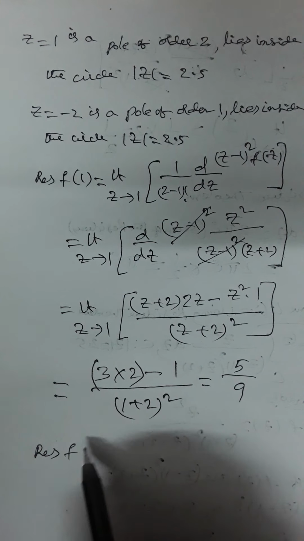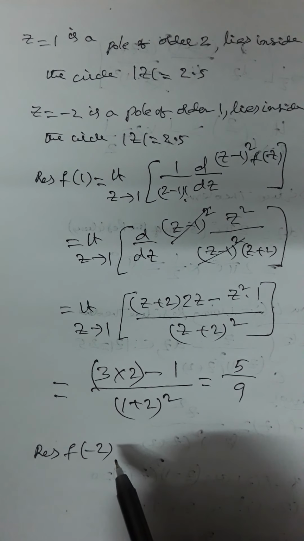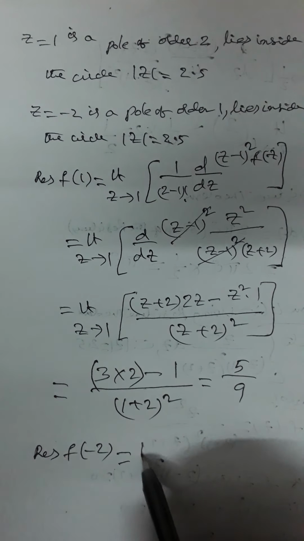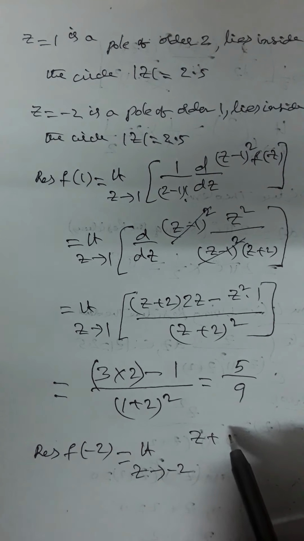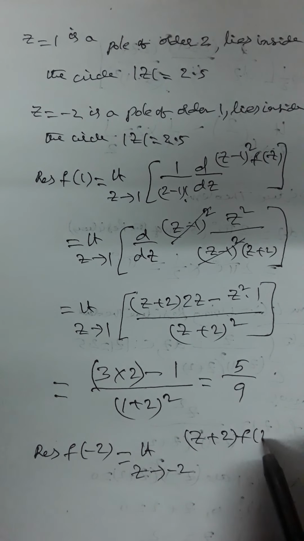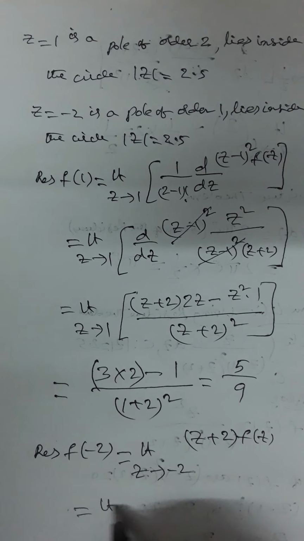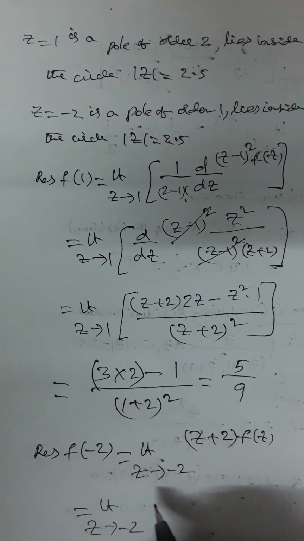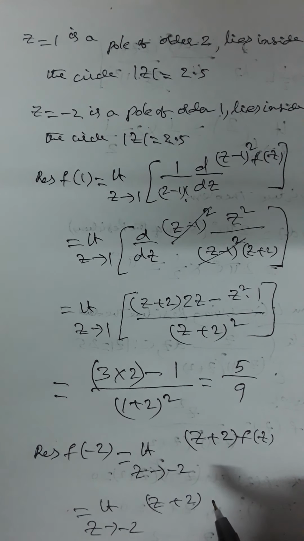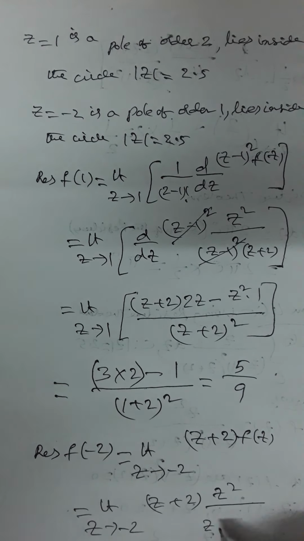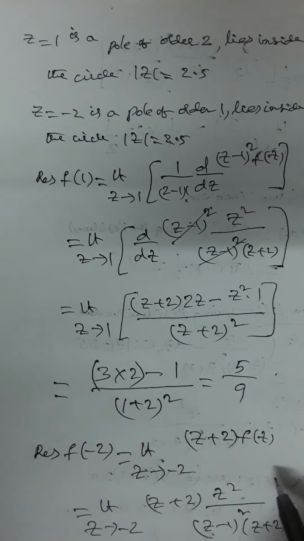Residue of f at minus 2. This is a simple pole. So the limit as z tends to minus 2 of (z plus 2) into f(z). Here f(z) is z square by (z minus 1) whole square into (z plus 2).